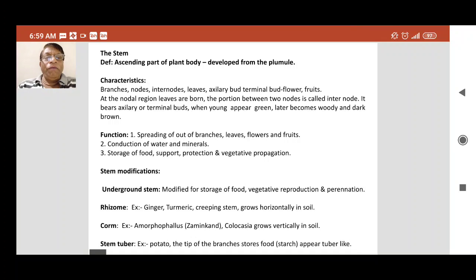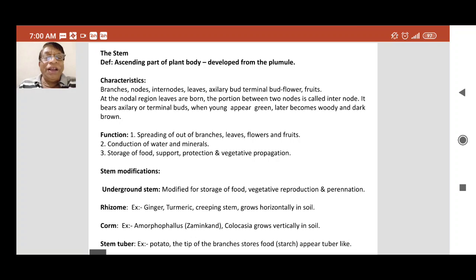When we studied the root, it is defined as the descending part of the plant body. But this stem is the ascending part.